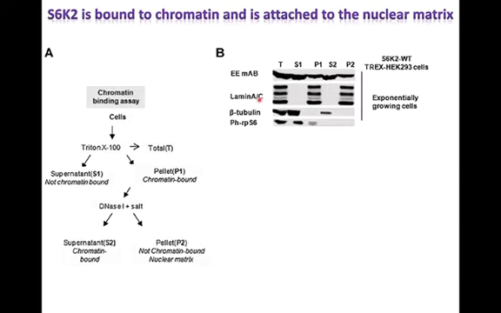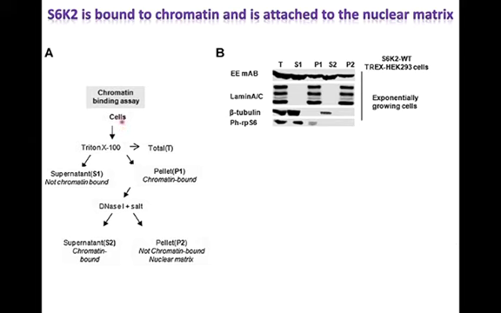So let's continue proving this concept. A chromatin binding assay was done. What's a chromatin binding assay? You divide the fractions of material that exist inside the nucleus to pinpoint where the kinase exists.